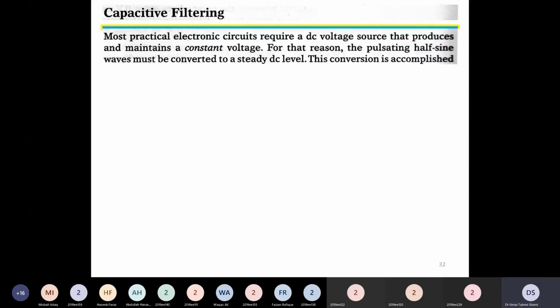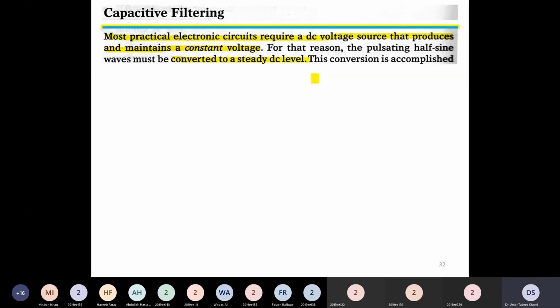So the introduction is that most practical electronic circuits require a DC voltage source that produces and maintains a constant voltage. For that reason, the pulsating half sine wave must be converted to a steady DC level. A steady DC level means that we need a straight line.